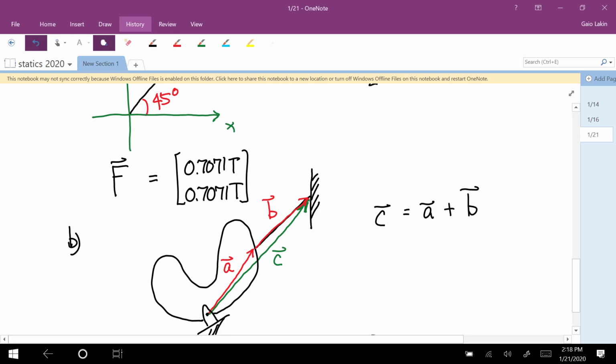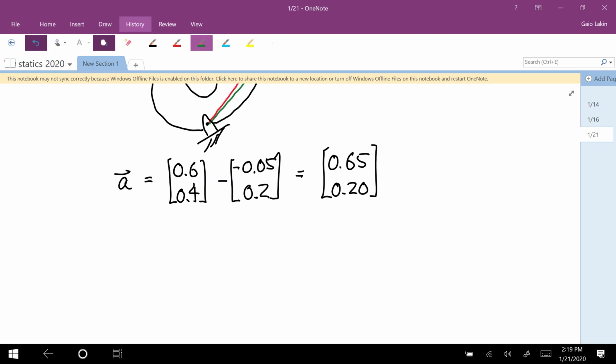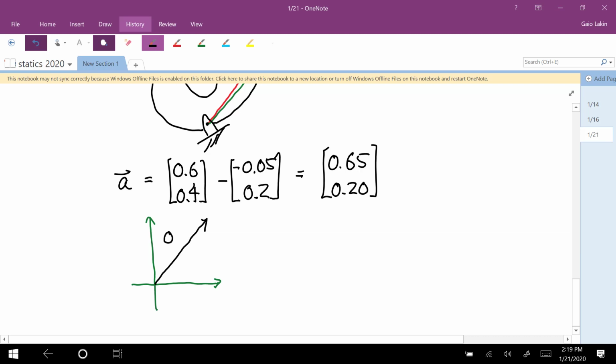For vector B, we don't know the coordinates at the wall where it connects, but we do know that it makes an angle of 45 degrees with the horizontal. So for B, I'm going to set up the coordinate system. The vector has a magnitude of 0.5 and makes an angle of 45 degrees with the horizontal, counterclockwise from the positive x-axis.